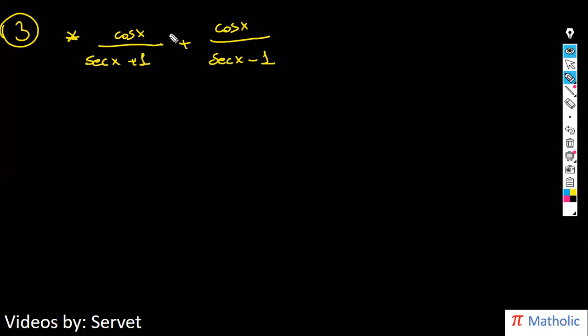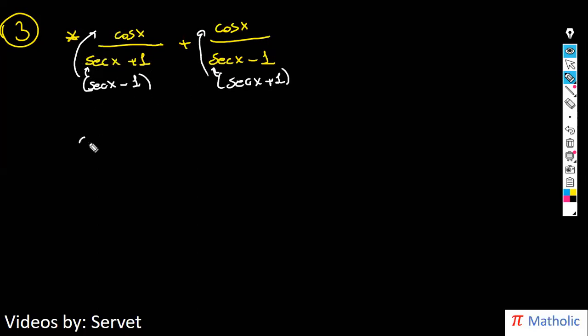If you see two different fractions, try to equalize their denominators, which means I have to multiply this by secant minus 1 and this by secant plus 1, numerator and denominator.